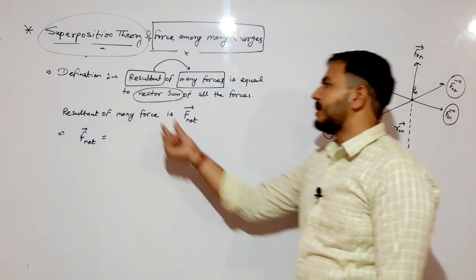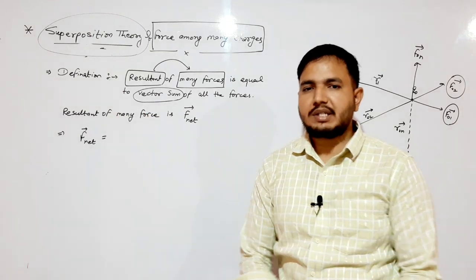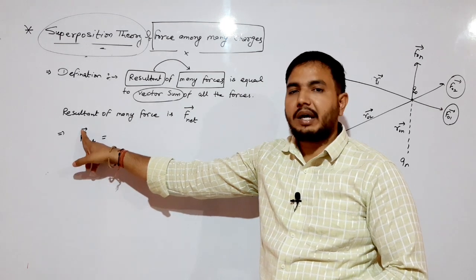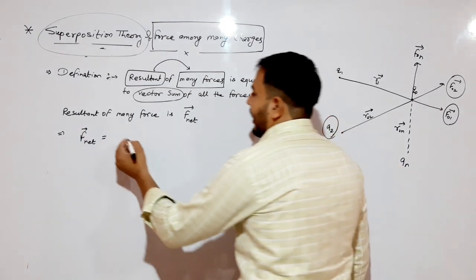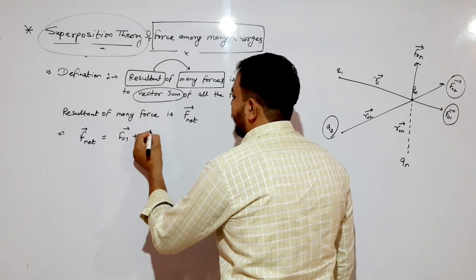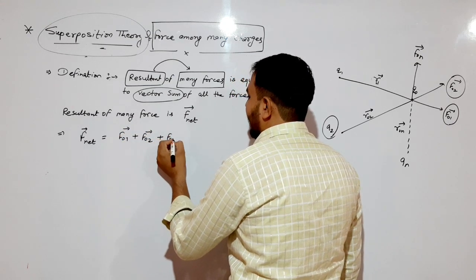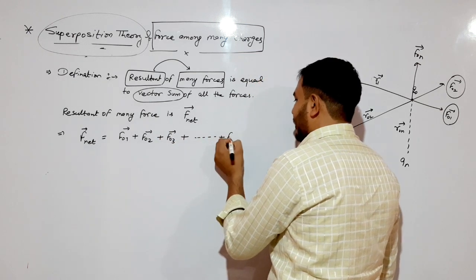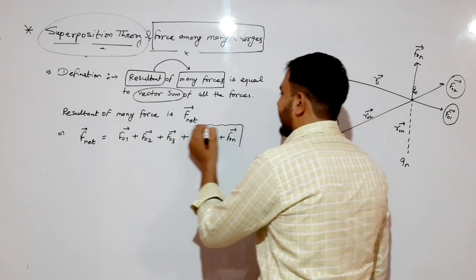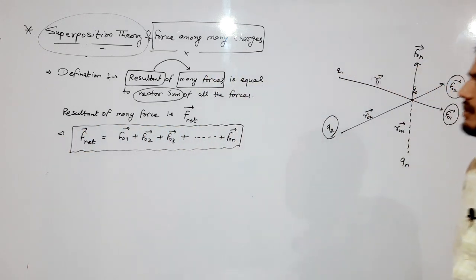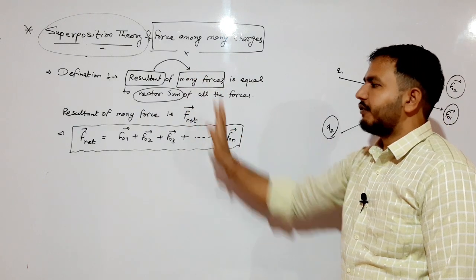Because force is a vector quantity, not a scalar quantity, so we represent it by an arrow. So F net equals F naught 1 vector plus F naught 2 vector plus F naught 3 vector plus dot dot plus F naught n vector. This is the superposition theory for many forces.